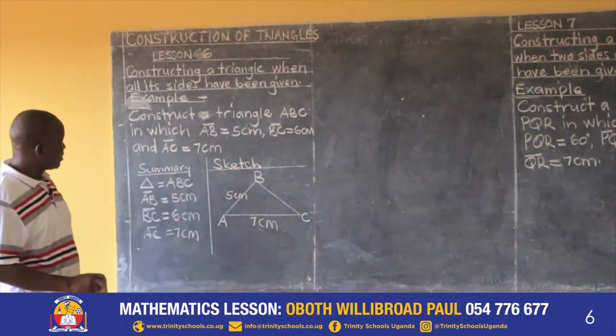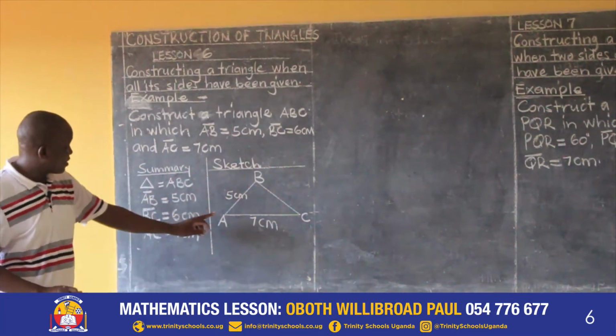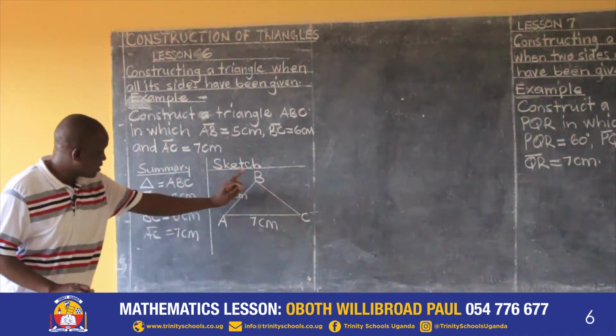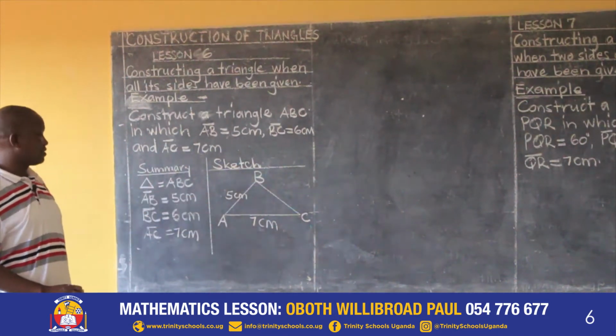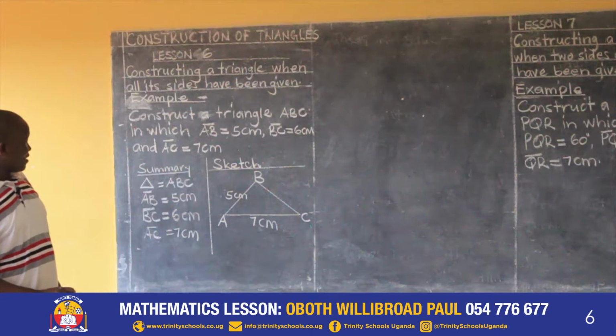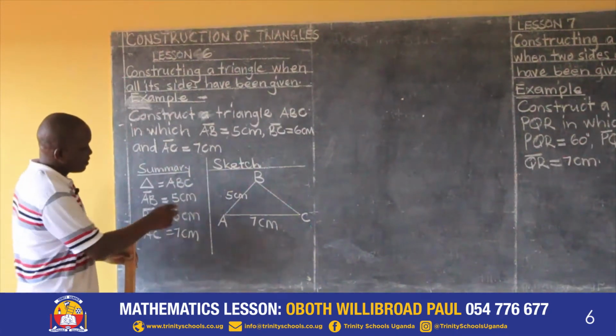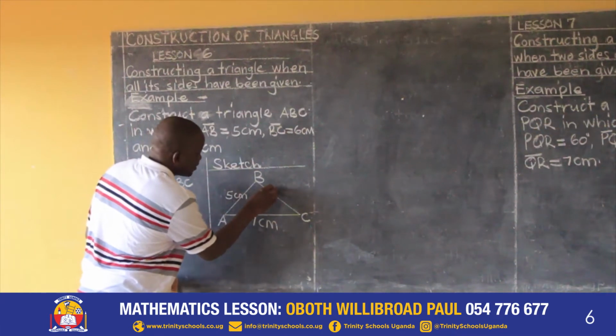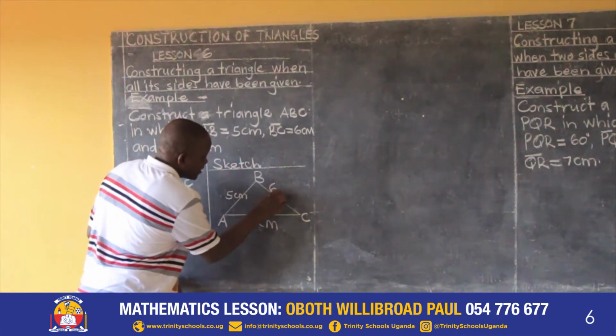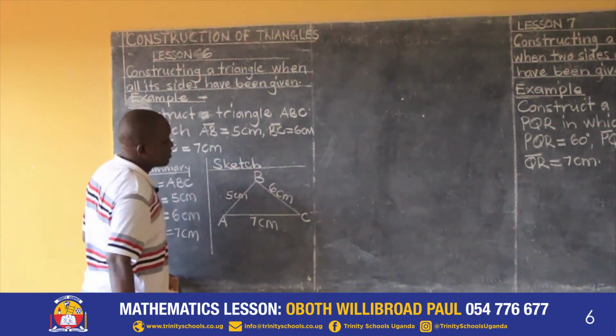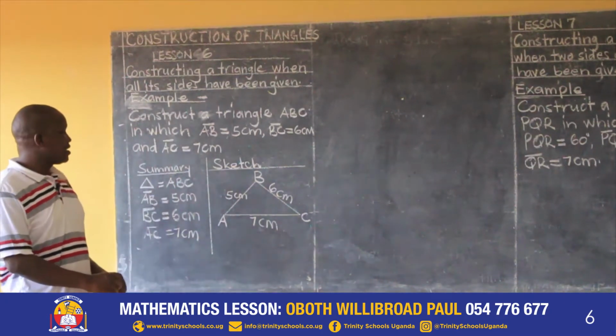Is it 5 centimeters? From A to B is 5 centimeters. That is right. Then the other line is BC. BC is 6 centimeters.